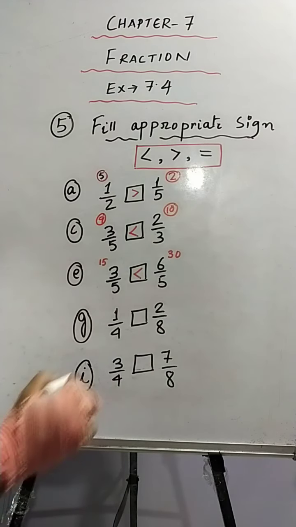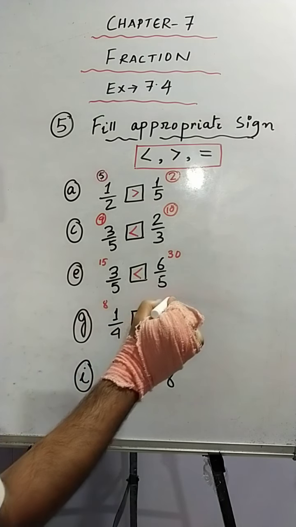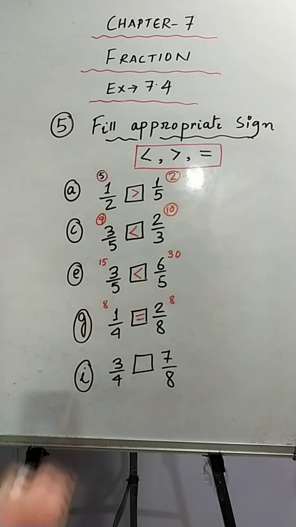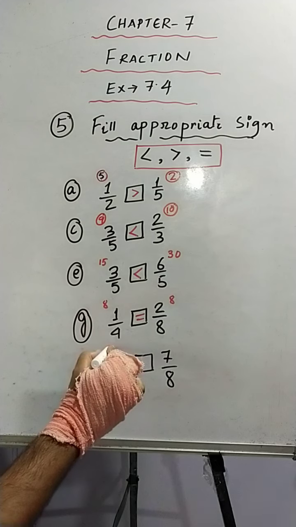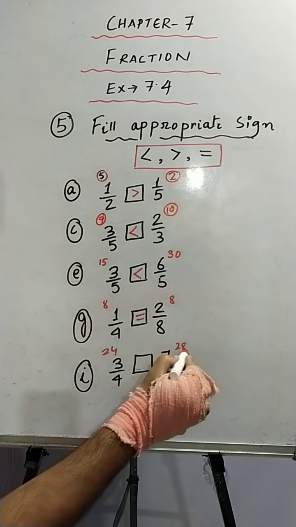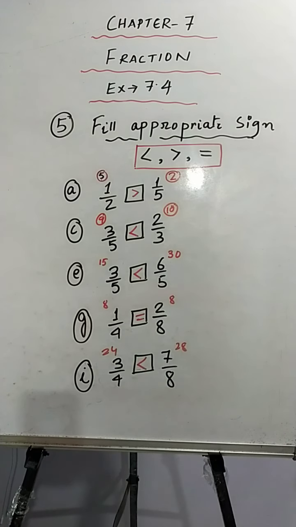Now 8 ones are 8, 4 2s are 8. Both sides have the same number, so they are equal. Now 8 3s are 24, 7 4s are 28, so 24 is less than 28, so we'll put the less than sign.